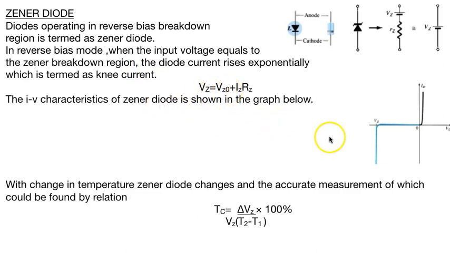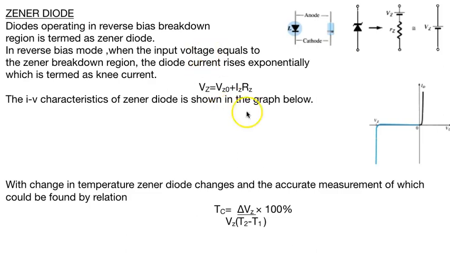Looking at the characteristics of a Zener diode, we can see that in the forward direction it behaves just like a normal diode, and in reverse bias condition it behaves similar to the normal diode, and after the Zener voltage is achieved, the current through it rises exponentially in the negative direction, whereas the voltage across the device remains constant.